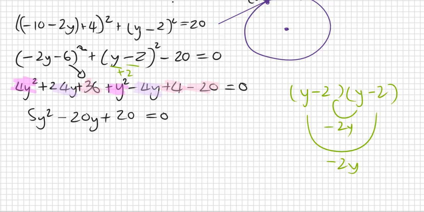So we need to get the y solutions. So I'm going to divide all 3 terms by 5 just to make it a little bit easier. Obviously, 0 divided by 5 is just 0 on the right-hand side. So minus 4y plus 5. 20 divided by 5 is not 5, it's 4.